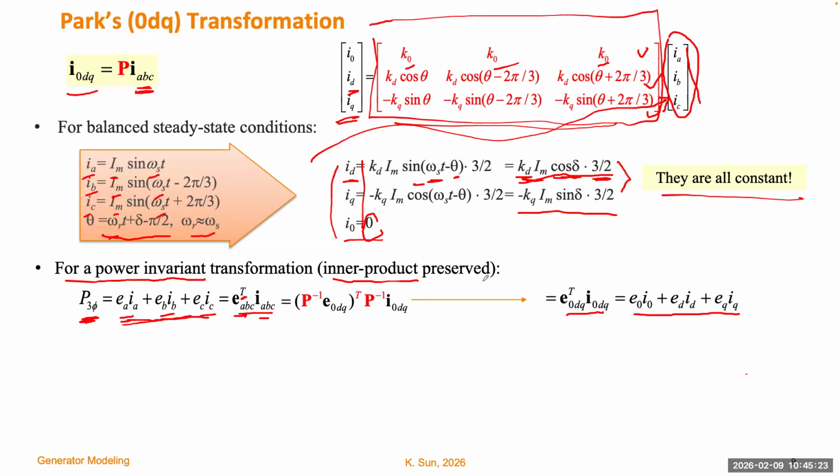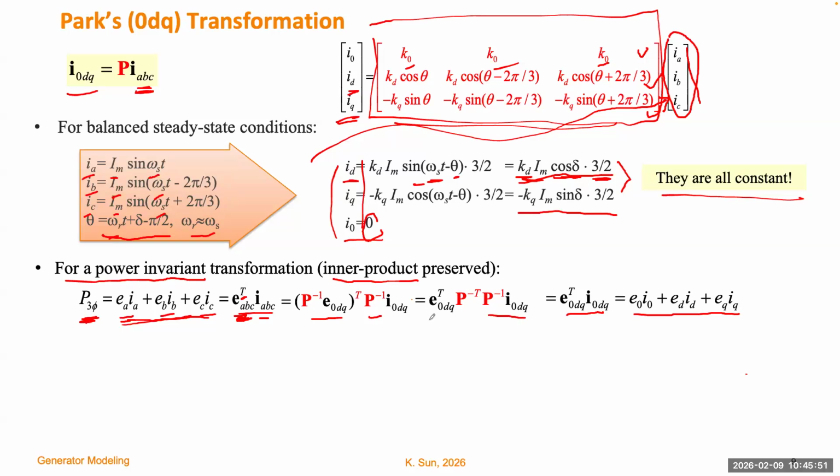In order to get the result in the new frame, we assume the vector of voltage in the old frame is equal to the new frame multiplied by an inverse transformation, right? So this will be the same. Next, we get rid of these parentheses.